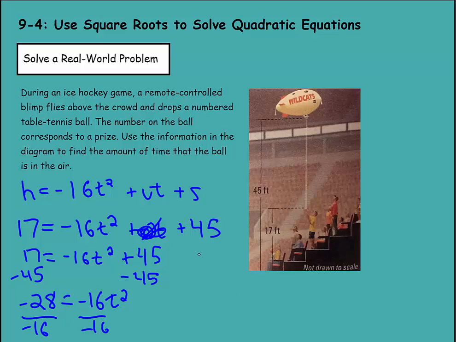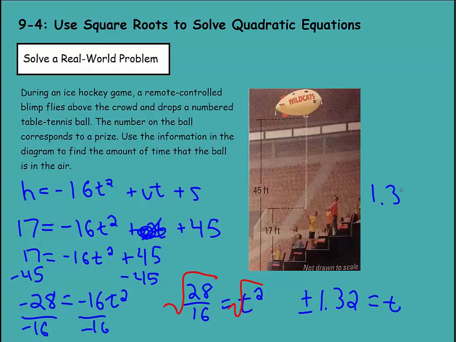So if I rewrite my problem, I have positive 28 over 16 equaling t squared. To solve for t, I could square root both sides. The square root of 28 over 16 is positive or negative 1.32 to the nearest hundredth, so that equals time. Well, I know that it didn't drop this ping pong ball in negative 1.32 seconds, so it would have to be 1.32 seconds for our total time.